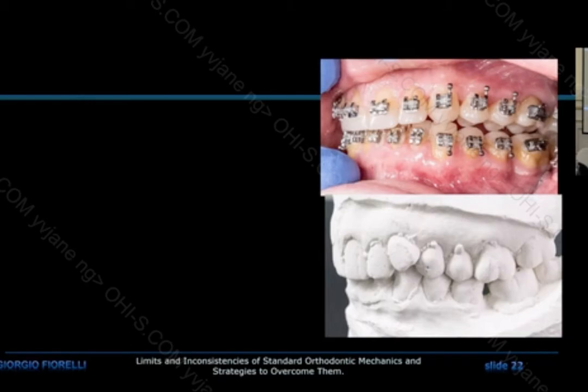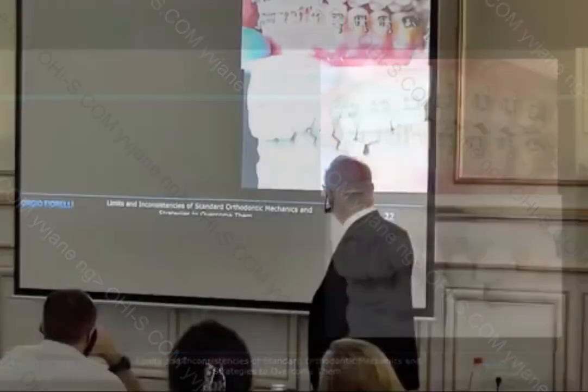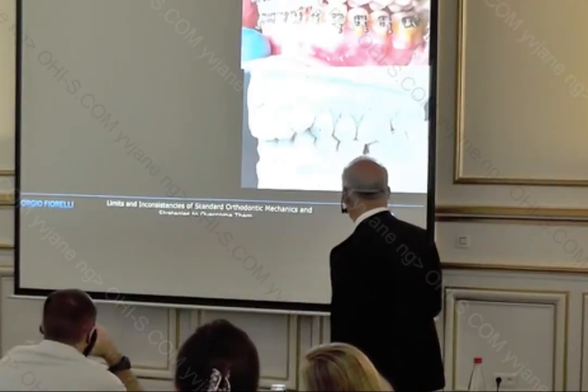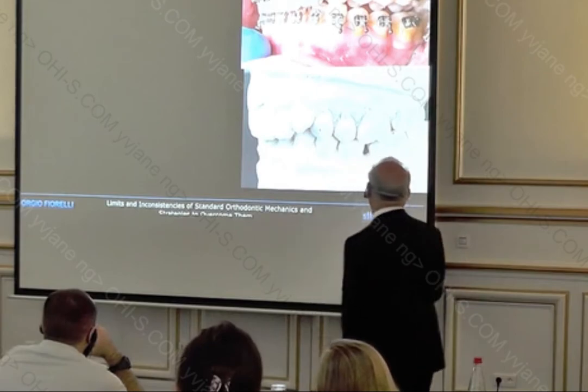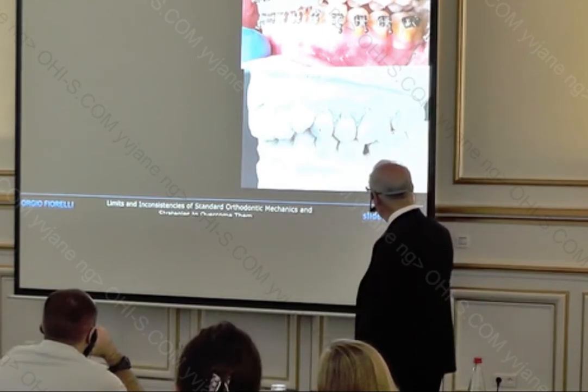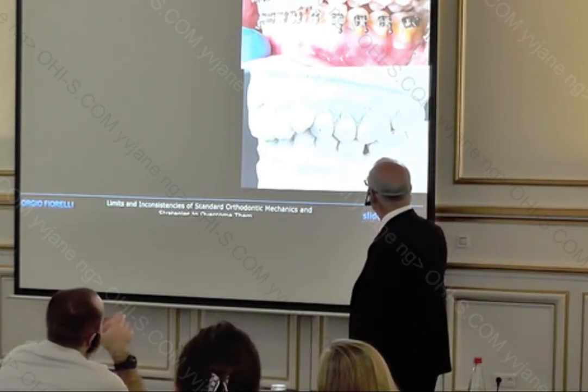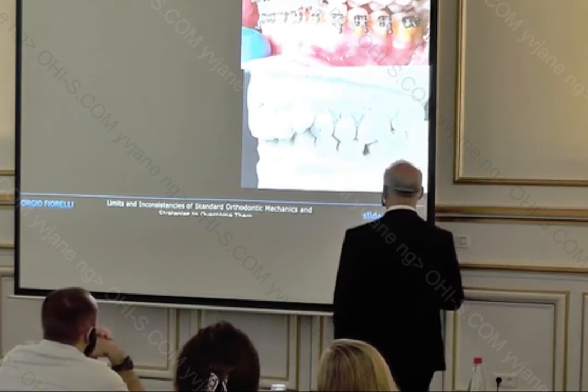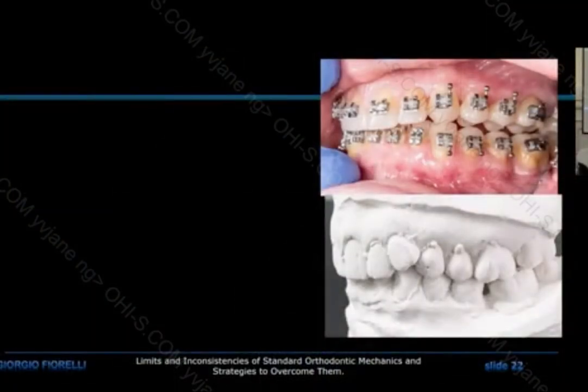But here I had a nice class 2. It's a class 2 occlusion. It's okay. But what is the point of changing this to this? Let's imagine that you want to make this case different.